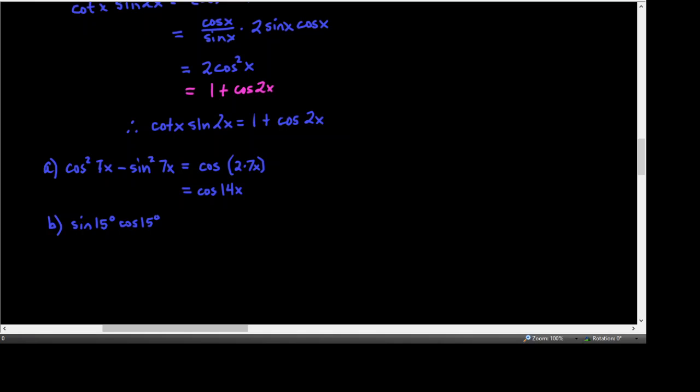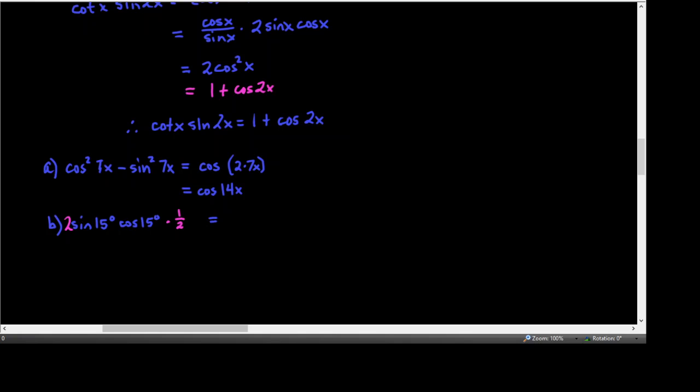The thing it's missing is a 2 out in front. So I'm going to multiply in front by 2, but that's changed the answer, but only if I don't also multiply by 1/2, because 2 times 1/2 is 1. So that's a form of 1 I'm multiplying by. And it's perfectly valid to do this.